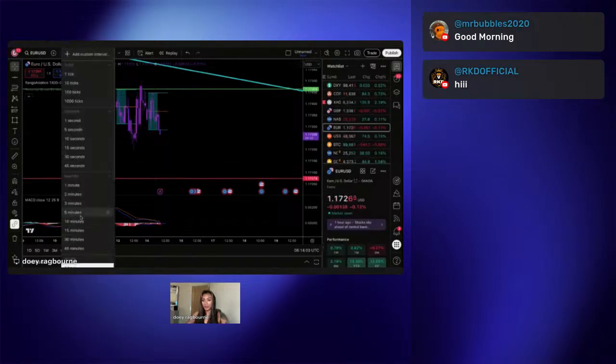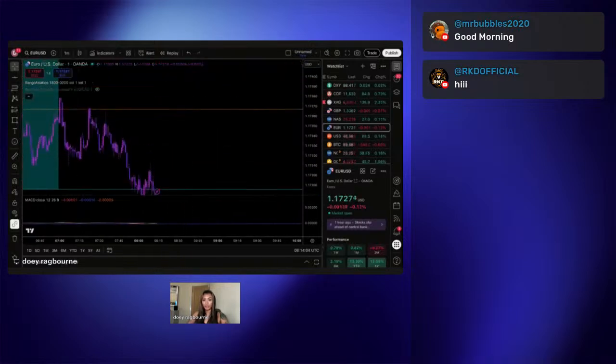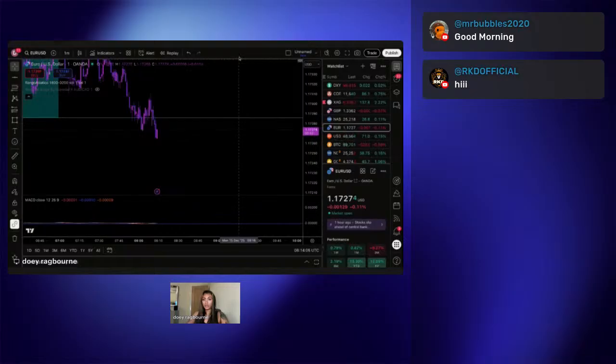But yeah, if we were to actually take this now, we're going to look on the lower time frame to have a look for new data to actually show us that we are moving in our bias, which is bearish right now. So like I said, I believe the bigger move is going to be once we've pulled back a little bit more.